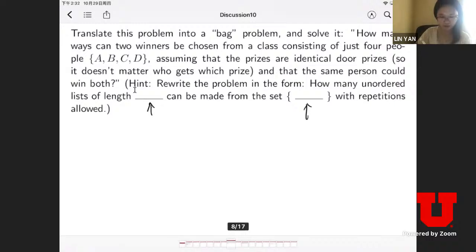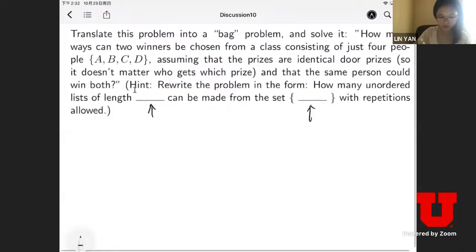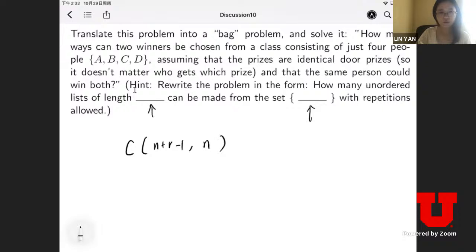Just a reminder, the formula for this problem is n plus r minus 1 choose n, where r is the size of the set and n is the length of the unordered list.